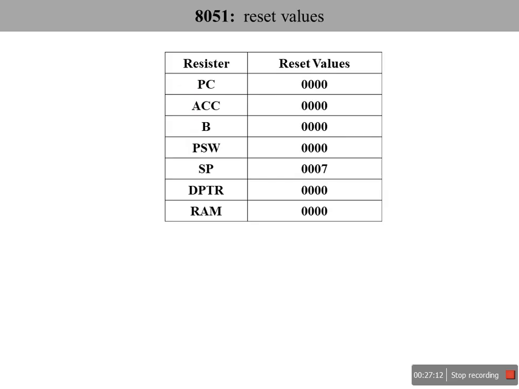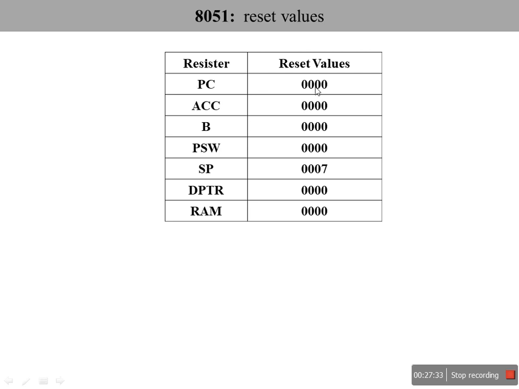Those are called reset values. Likewise, even 8051 has some reset values associated with the registers, like the accumulator. This is PC, the program counter, having 00 value. That means when you give a power supply, at that time the program counter will have a 00 value.